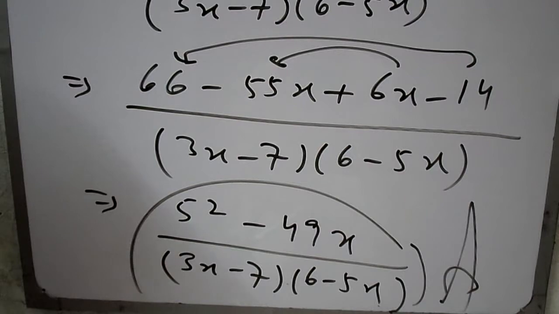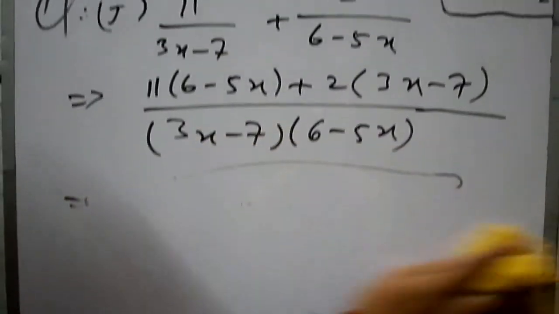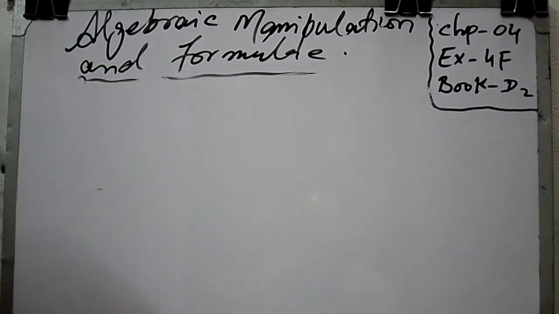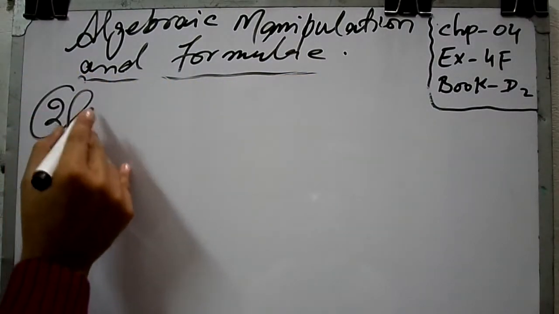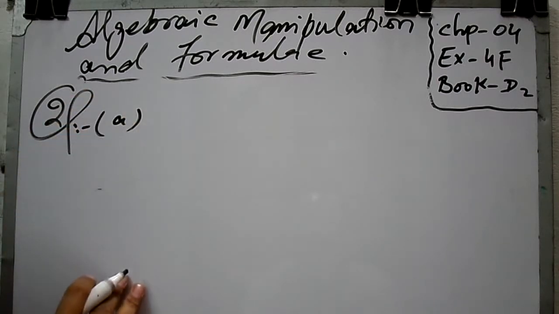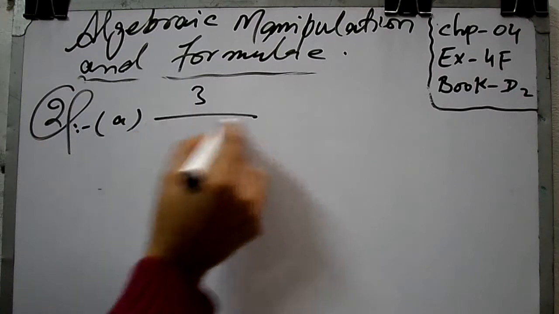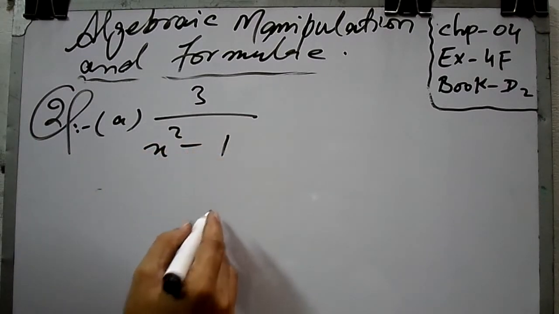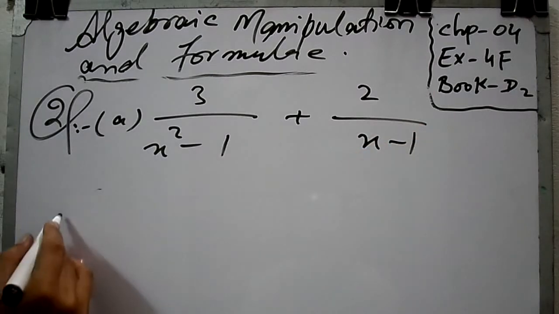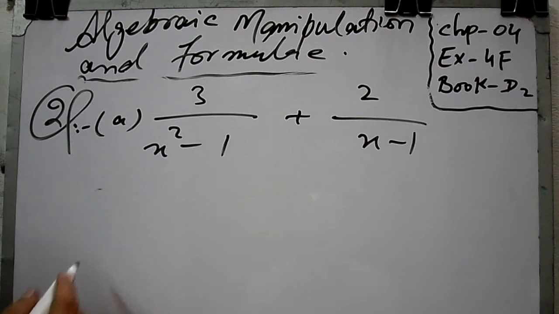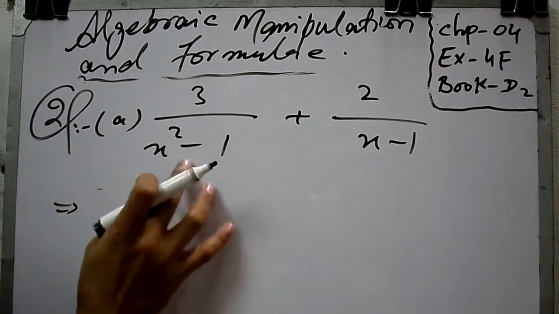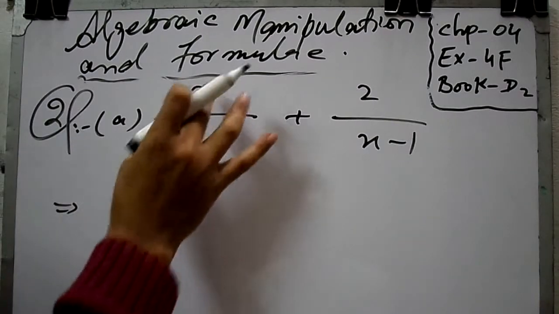Coming to question number 2, simplify it. That is A part. In A part, 3 by x square minus 1 plus 2 divided by x minus 1. So first of all, you should try your best that whenever you take the LCM, the denominator will be in simplified form.